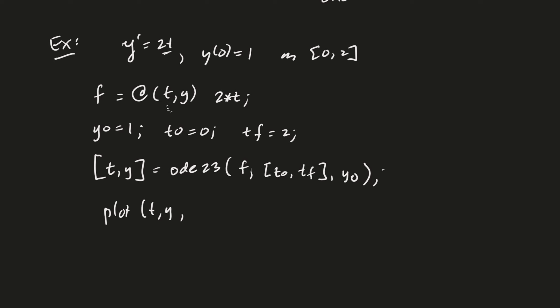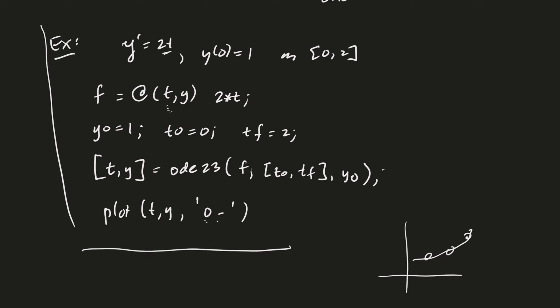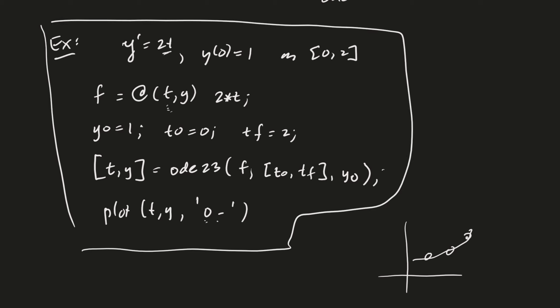And sometimes it's nice to see where it's evaluating, so use an o. That's an o, not a 0. An o and a dash. Okay, and then it'll plot things like this. Go ahead and try this out. It's on the PDF file as well.